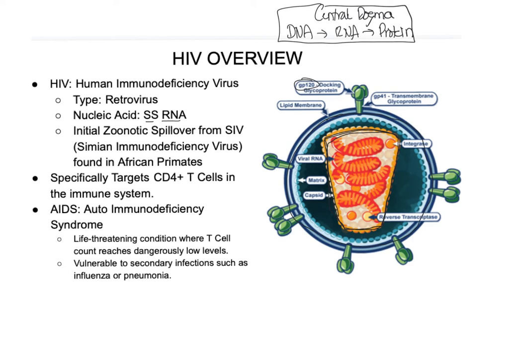And this particular virus had been observed to be closely related to the simian immunodeficiency virus that was circulating amongst African primates, and due to random mutation and contact with humans, this virus was actually spread or spilled over to the human race. Other things to note that this virus specifically targets what are known as CD4 positive T cells. That's a particular type of immune cell in the human body, and that has to do with the type of envelope proteins that this virus has.